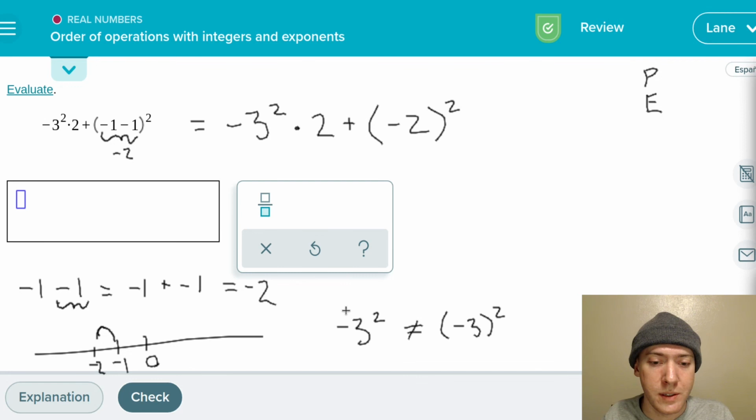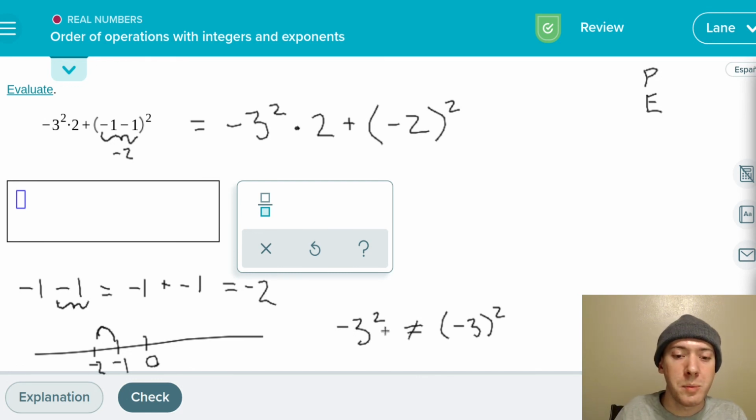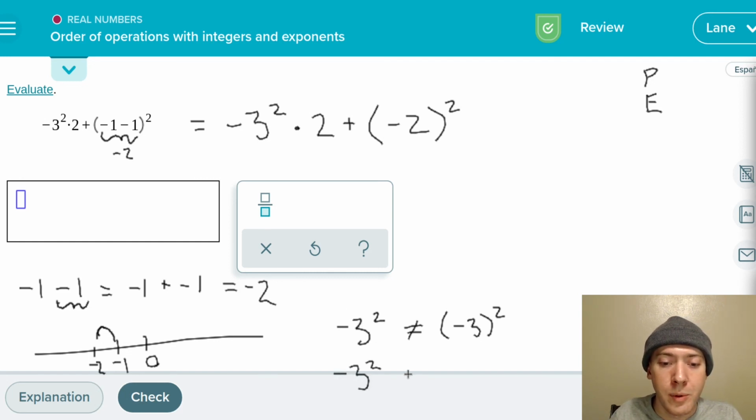The difference is that the negative sign here on the left-hand side is going to be applied after the exponent. So for -3 squared, we would say, what is 3 squared? It's 9, right? And then we would make it negative. -3 squared written like this means -9. This one would be +9. Okay. So this -3 squared, we are going to replace by a -9.